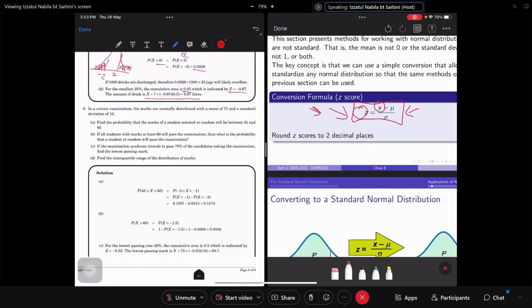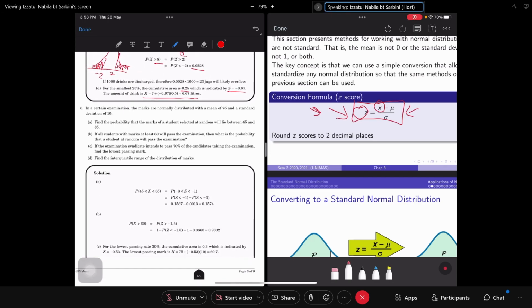Okay, question 6. Same. You know the pattern already. You have mean, you have standard deviation. You know that already for you to calculate the Z score. So find the probability that lies in between 45 and 65. So you convert it to Z, and then you calculate. I think I don't need to explain this anymore because it is more or less the same.